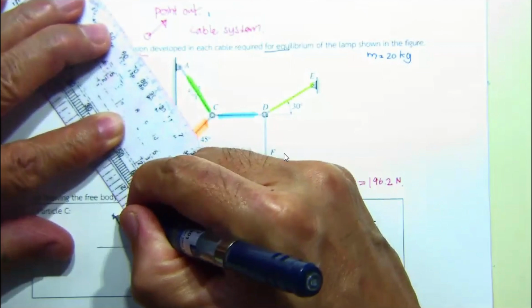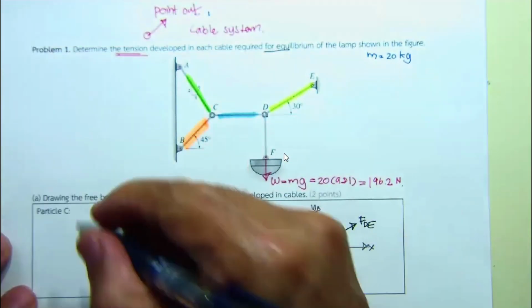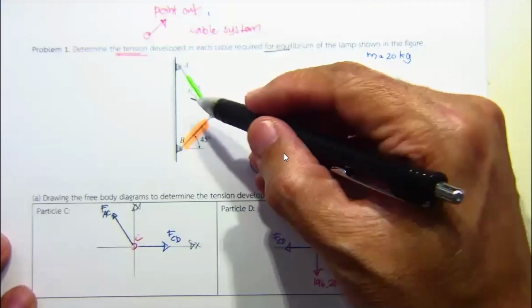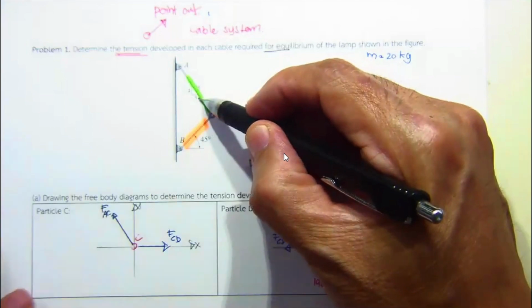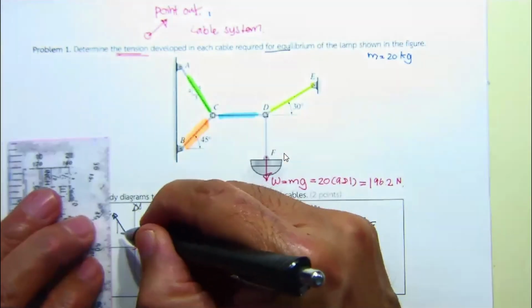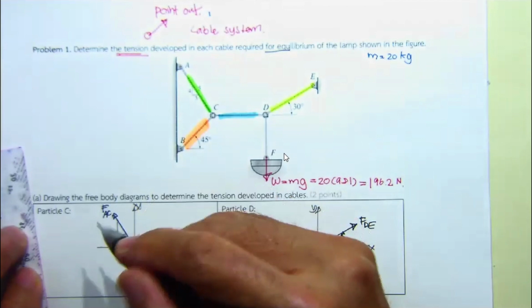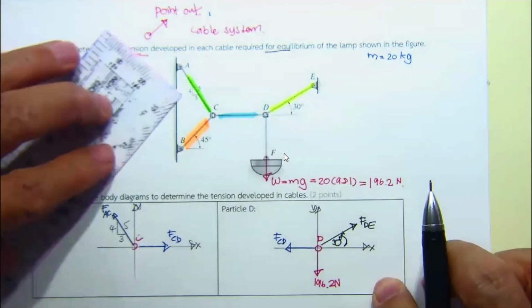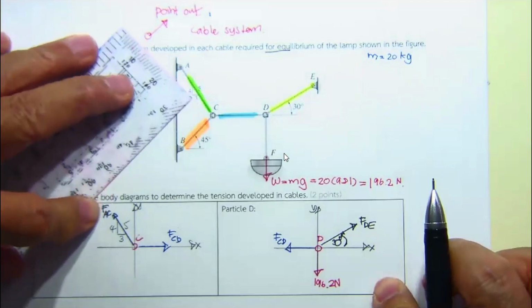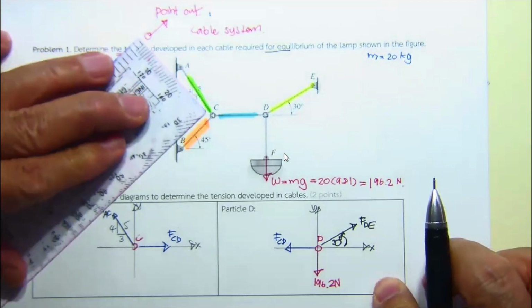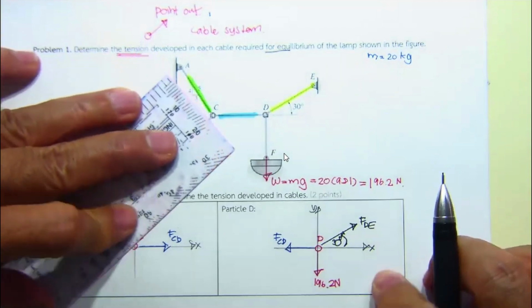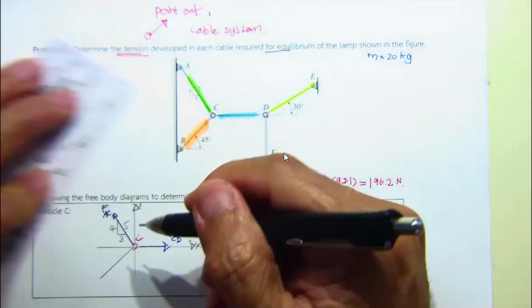That's going to be the force F sub AC. And you will notice that they provide the proportion over here to be 3, 4, and 5. Then you have the force F sub AC, and you have another one, CB. Just make a copy.